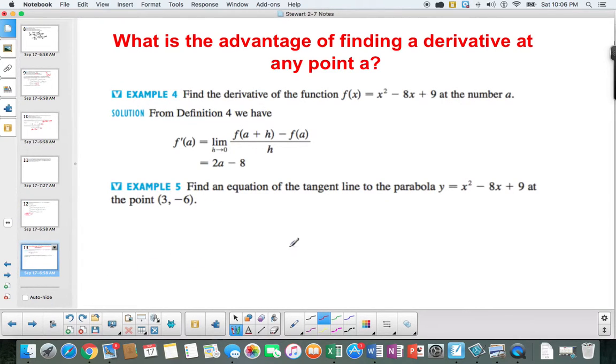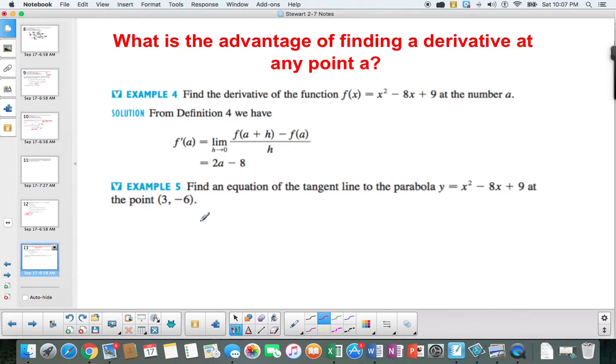So what's the advantage of finding a derivative at any point a? The advantage is that you can have different points and find the instantaneous rate of change without going back through the derivation again.